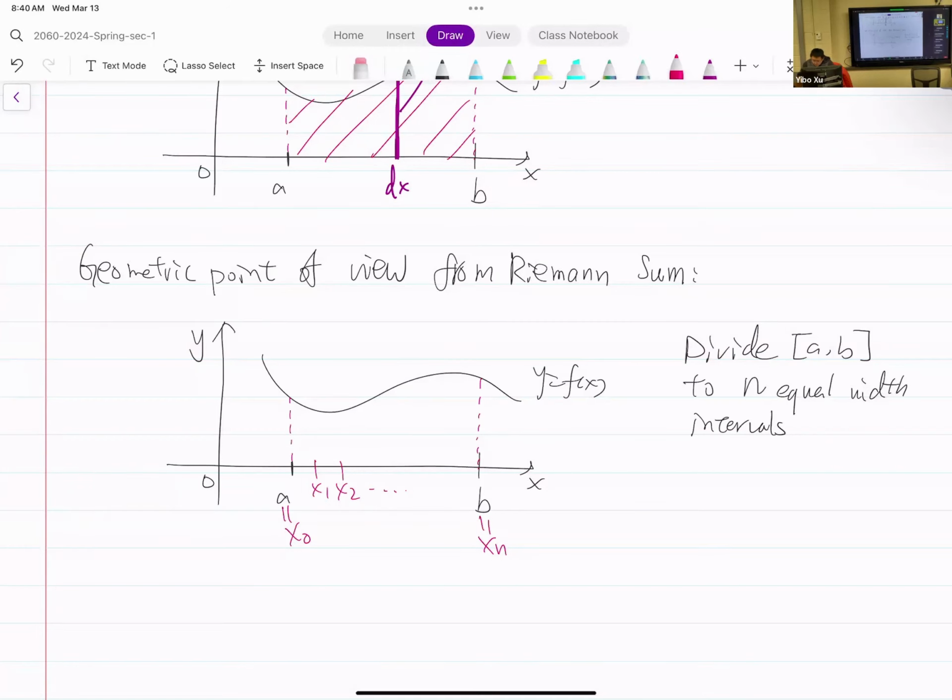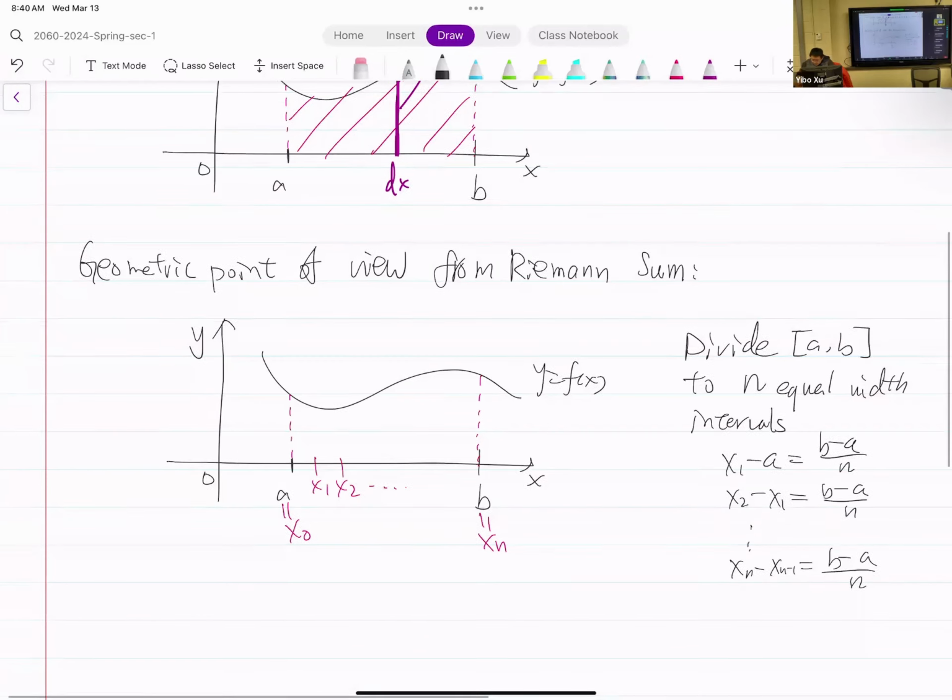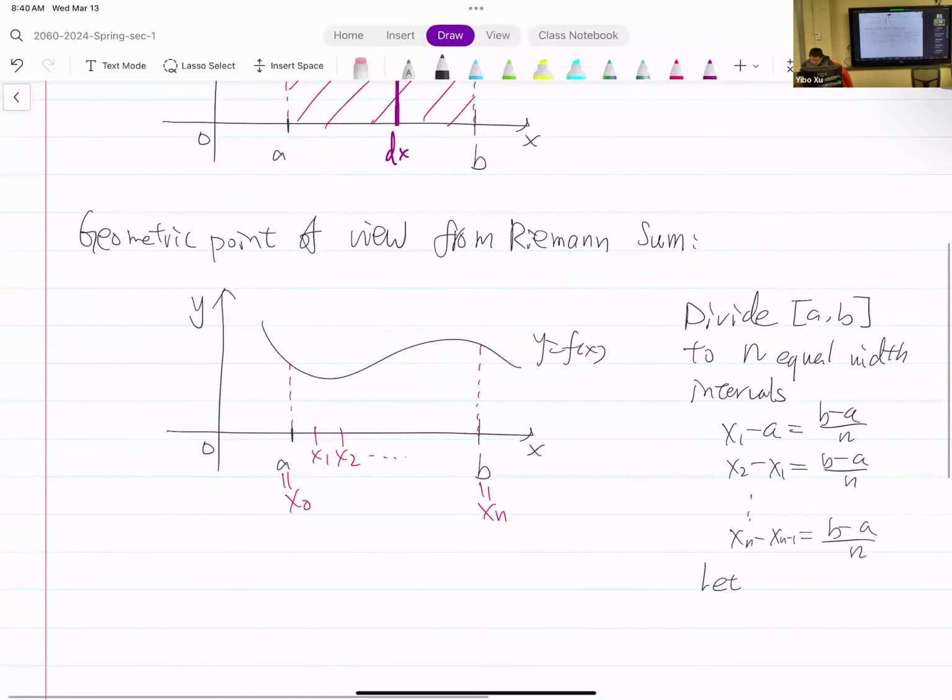That tells you x1 minus a is the width of the subinterval, the same as x2 minus x1. And finally, xn minus xn minus 1 is the same width. Usually we call the width delta x of the subinterval, right?